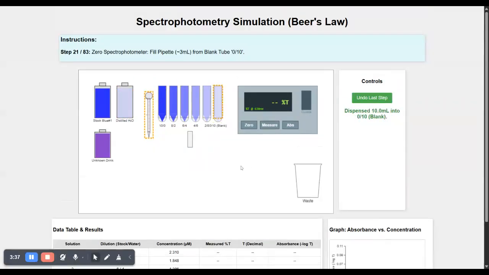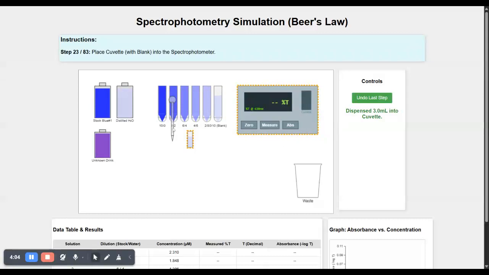Okay, so let's start. We're going to grab some from the blank and place it in our cuvette. The purpose of the blank is that it's the zero of the whole lab. This is going to ensure that the spectrophotometer ignores any absorption caused by the cuvette or the water and only measures the dye.